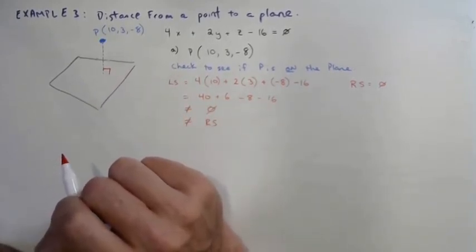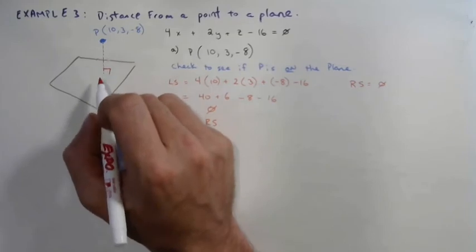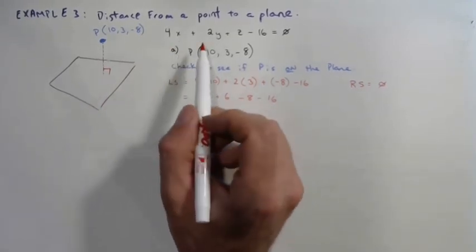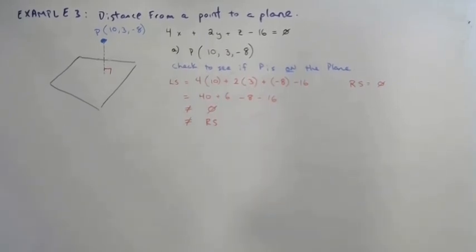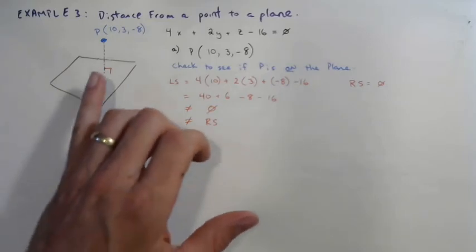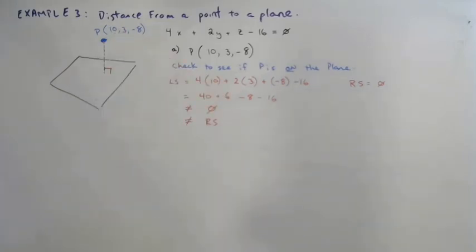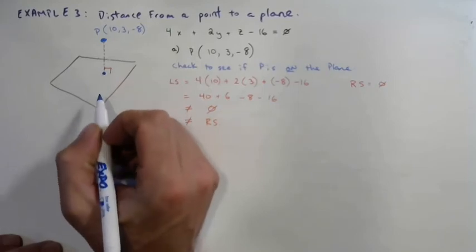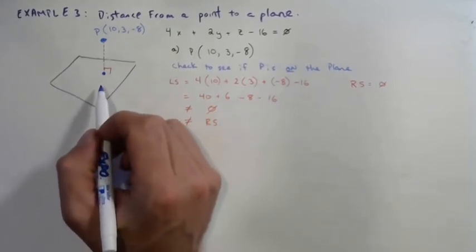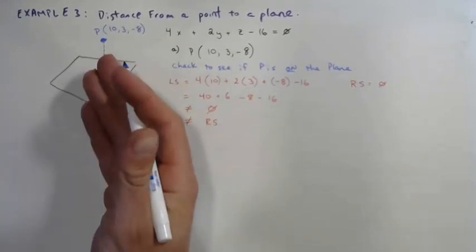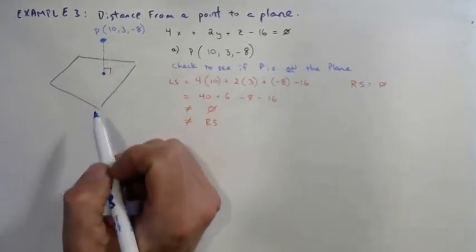Sorry, perpendicular to the plane. This red stick is going to be the normal vector to the plane, and we know how to get the normal vector. So we know the direction this vector is going, but we really still don't know the distance. In order to know the distance, I would like to have this point. Okay? Well, I can't get that point. I don't know where it is because I don't know how far down this plane is from this particular point.